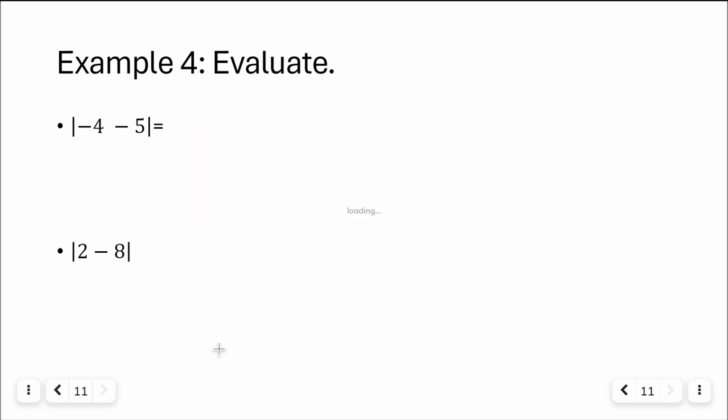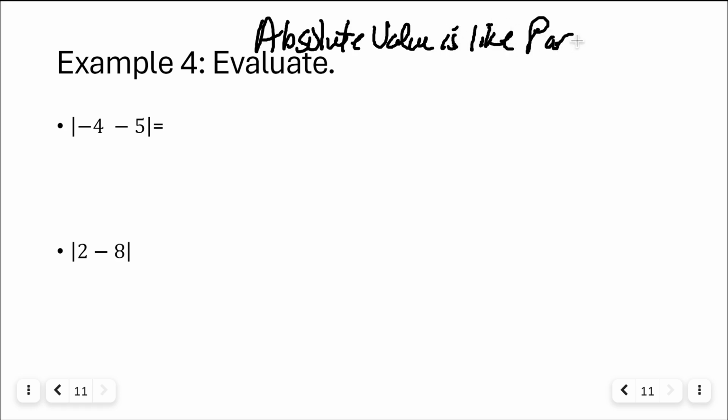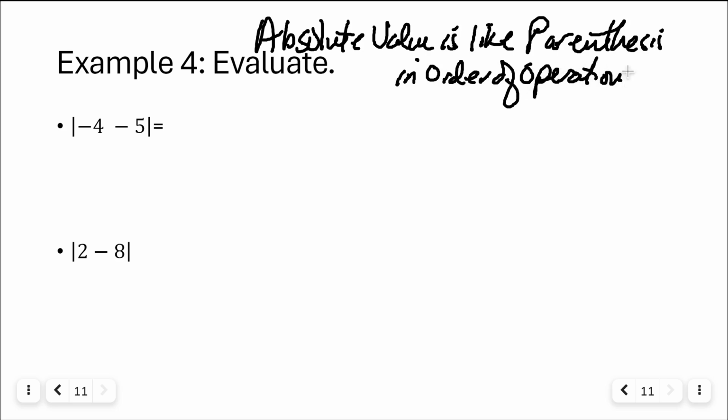Okay? And finally, it wants you to evaluate. So absolute value is like parentheses in order of operations. You do what's inside the parentheses first, then you do the absolute value of that.